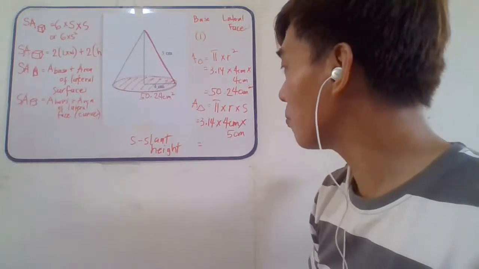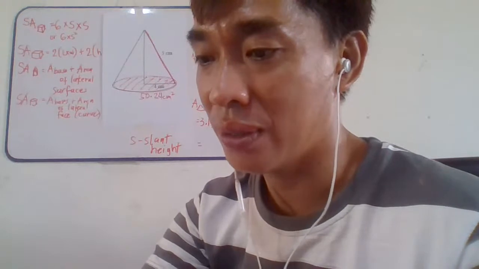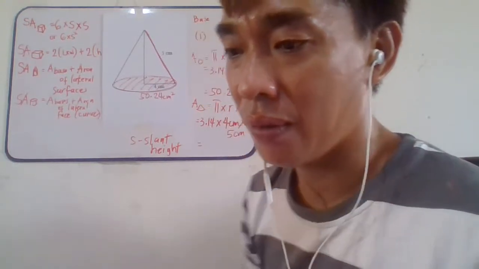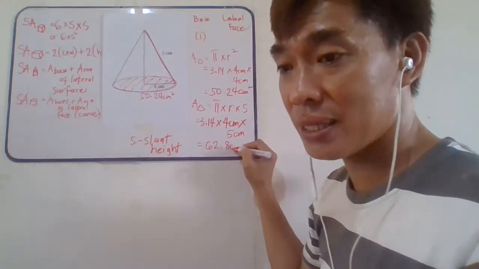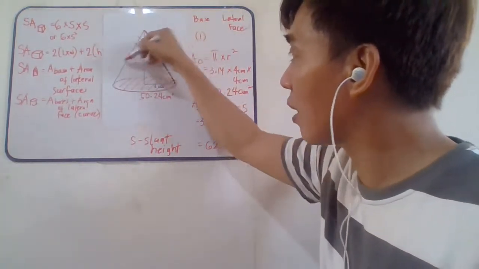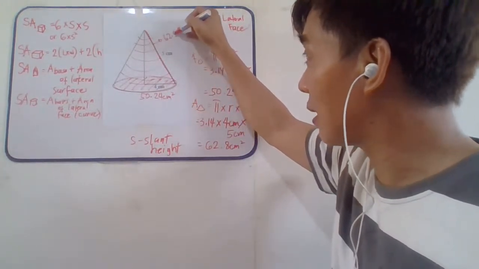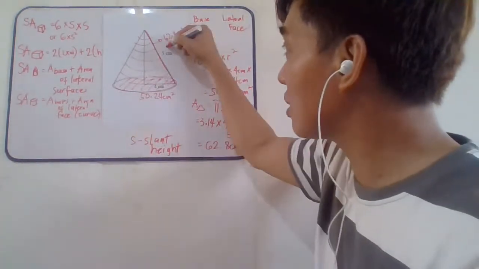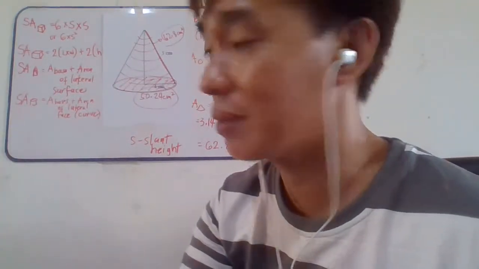So you just multiply it, so that is 20. So that is 62.8 centimeters squared. Okay, that's the whole area of the curved face, which is equal to 62.8 centimeters squared. Then after that one, you just combine these two.